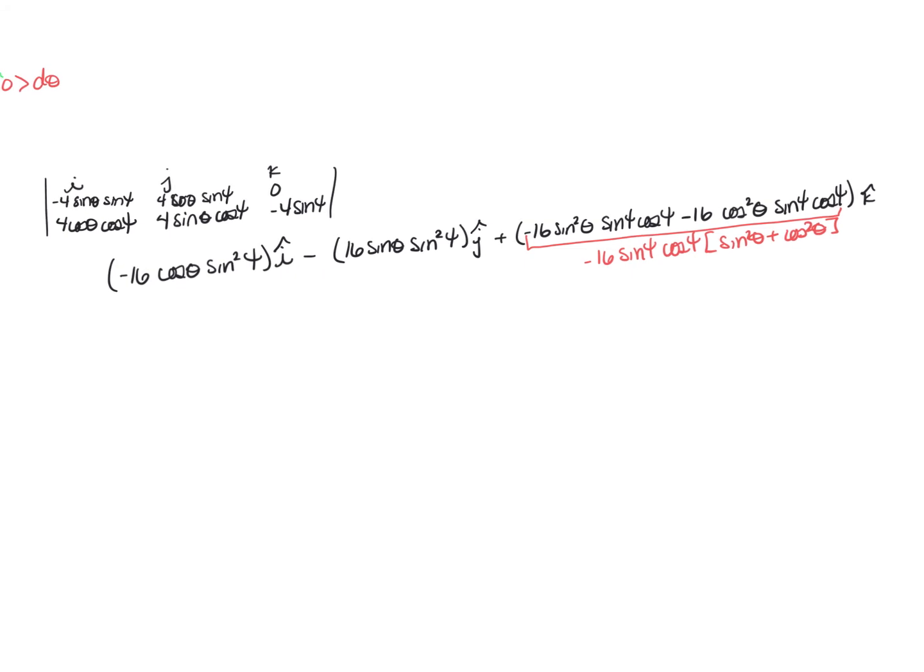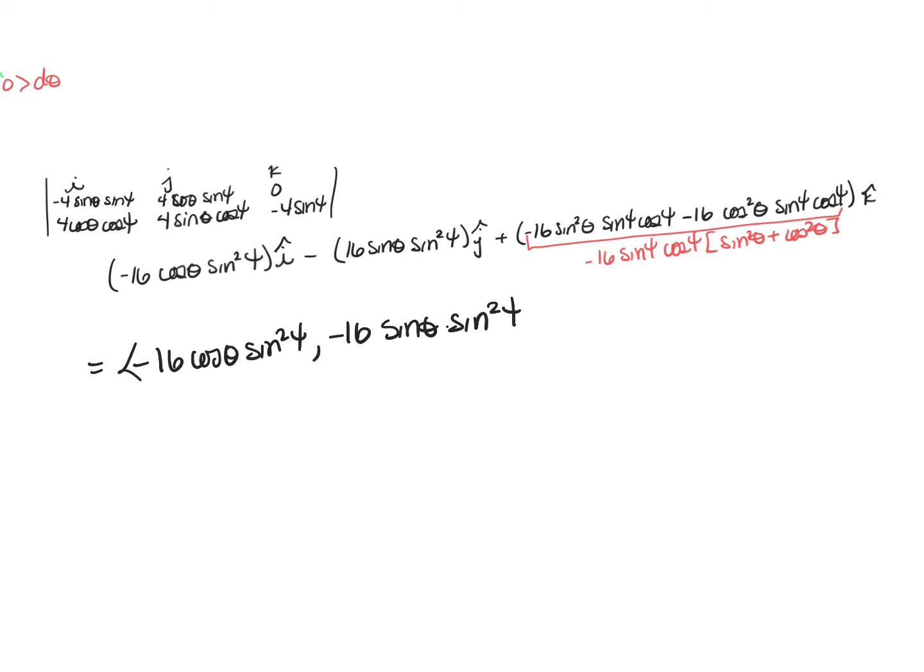So then what I have is negative 16, the cosine of theta, the sine squared of phi, negative 16, the sine of theta, the sine squared of phi, negative 16, the sine of phi, the cosine of phi. And there is my cross product.